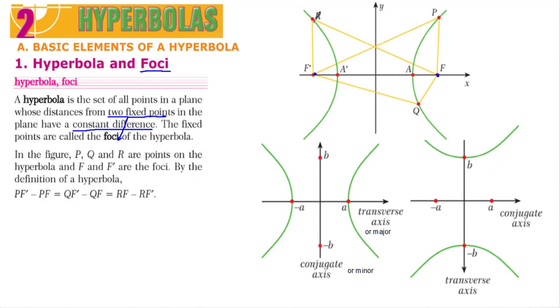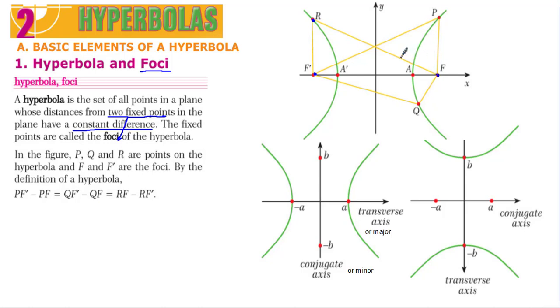So when you choose any point on the hyperbola, like R here, the distance between the point and one focus, and the other focus, always have a constant difference. RF minus RF prime is equal to QF prime minus QF, and PF prime minus PF.